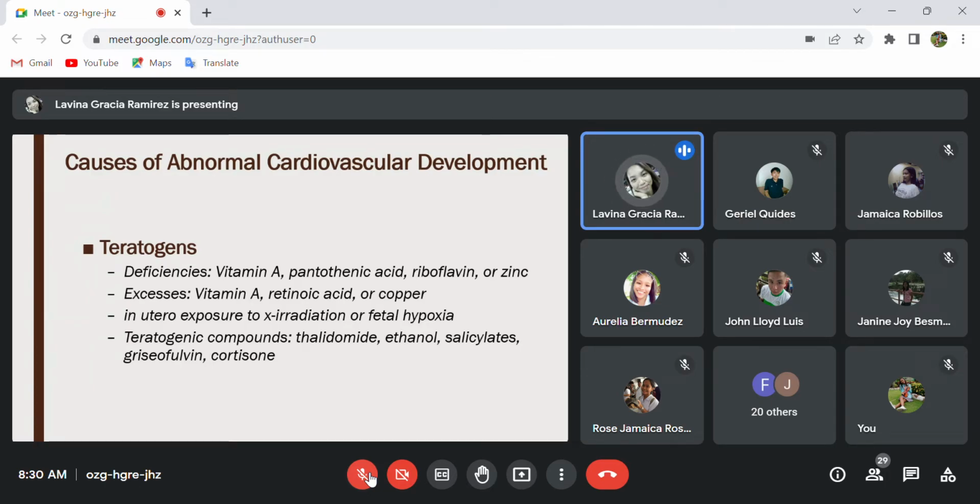What you need to know in animals is, first, you know how to understand the time of gestation. If you don't know the time of gestation, that might give you questions in the differential diagnosis or in assessment, kasi hindi mo alam how long is the gestation, when will be the critical period of development, etc.